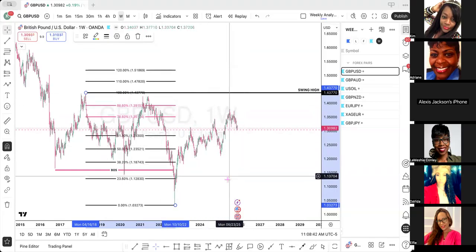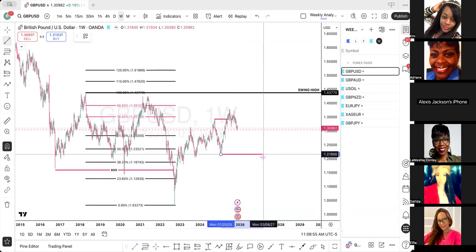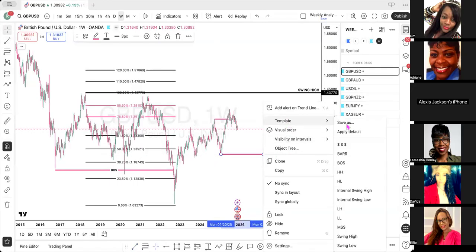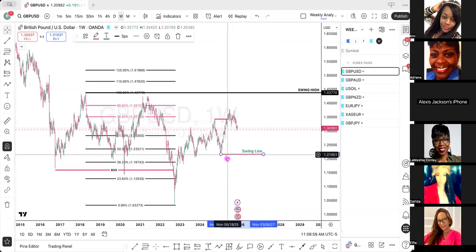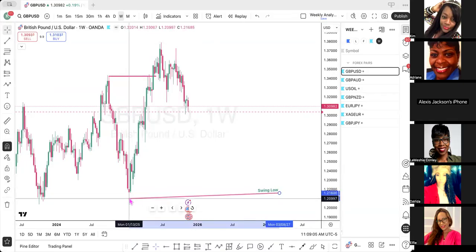So now what we want to do is look at the structure that's going up into the premium zone. So we have the break of structure here, which makes this our swing low.